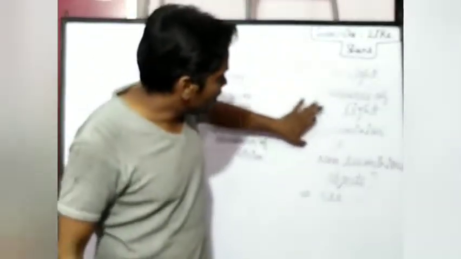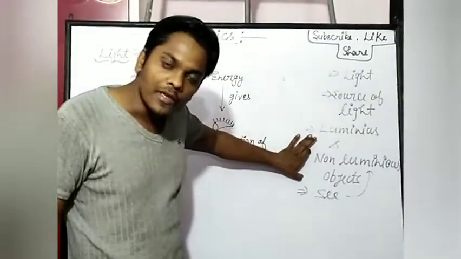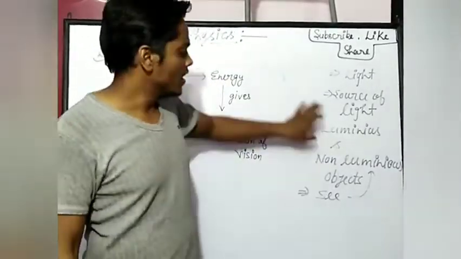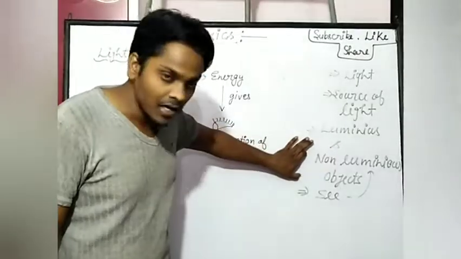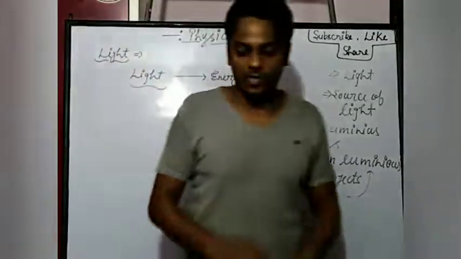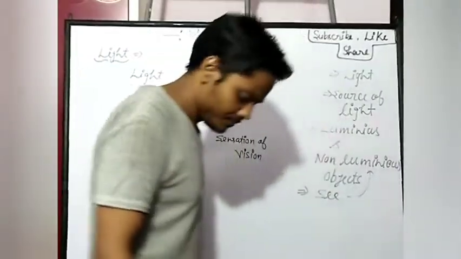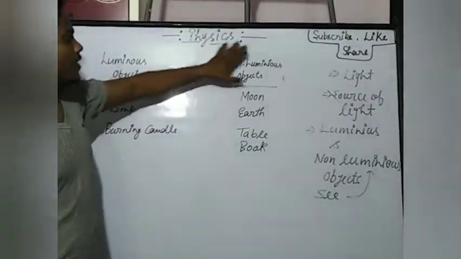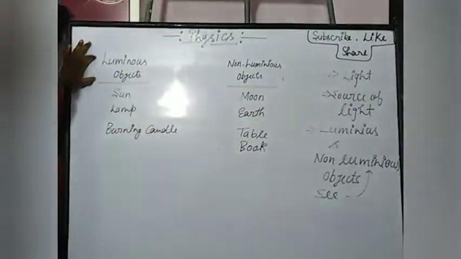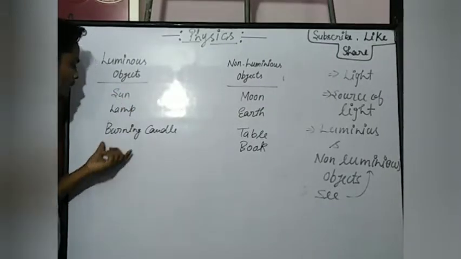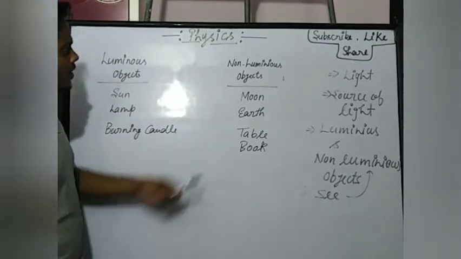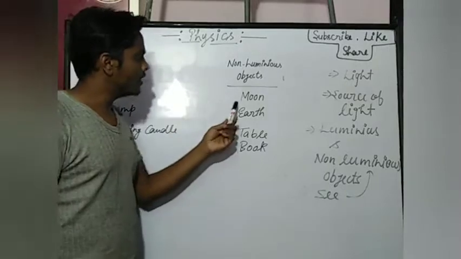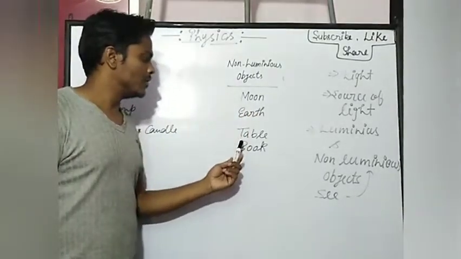These are luminous and non-luminous objects. We have two types of object: one is luminous object and the second one is non-luminous object. Luminous objects are sun, lamp, and burning candle. And non-luminous objects are moon, earth, table, and book.